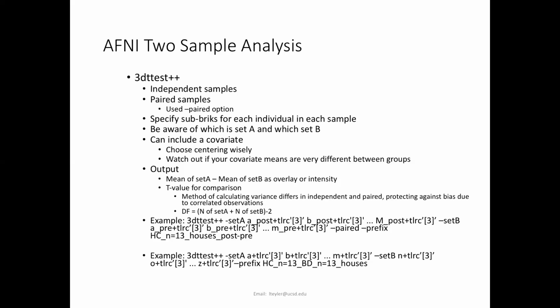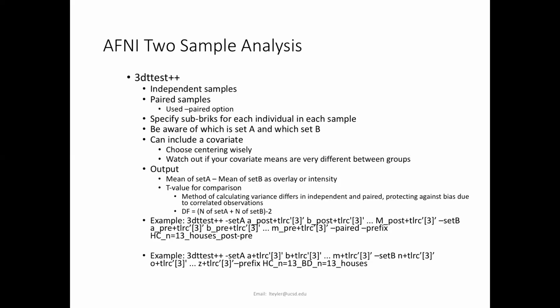One is going to be the mean of set A minus set B. So that's going to, again, be red for areas where set A is greater than set B, and blue for areas where set B is greater than set A. And then you're going to have a t-statistic with degrees of freedom of n of A plus n of B minus 2. The method of calculating variance differs in the independent and paired cases, which is why it's important to specify paired if the observations are paired, because they may be correlated.